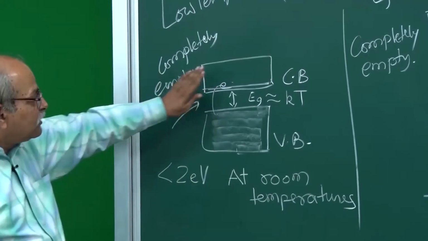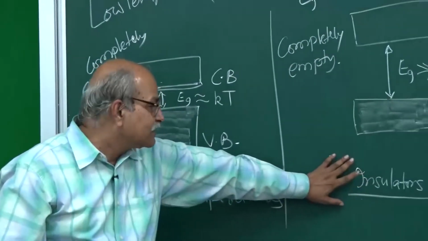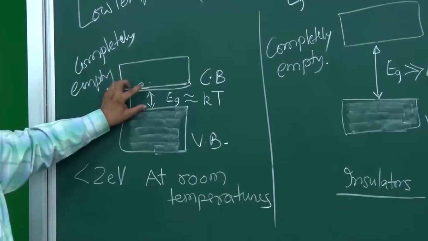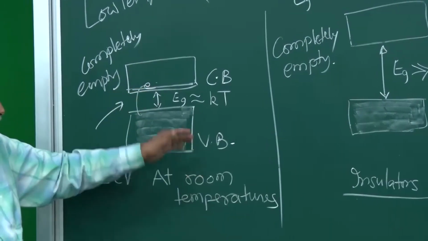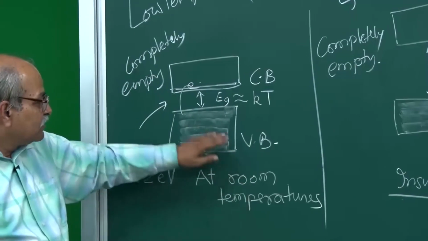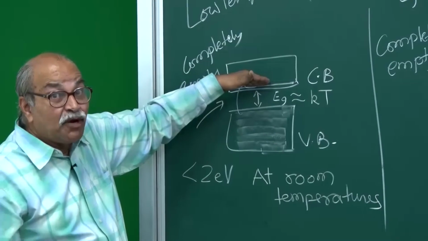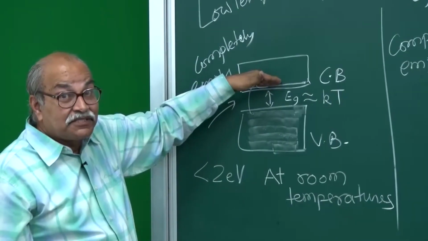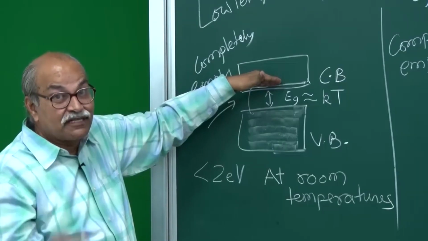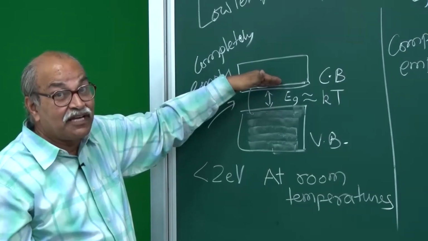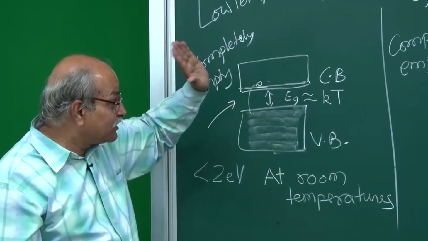So, although the band structure is similar to that of an insulator, because this gap is not very large as compared to kT, at room temperature or normal working temperatures some of these quantum states get occupied, and that 'some' can still mean 10 to the power 13, 14, 15, 16 if the total is 10 to the power 23. Some does not mean 5, 10, 15 or 50. So, that number is sizable.